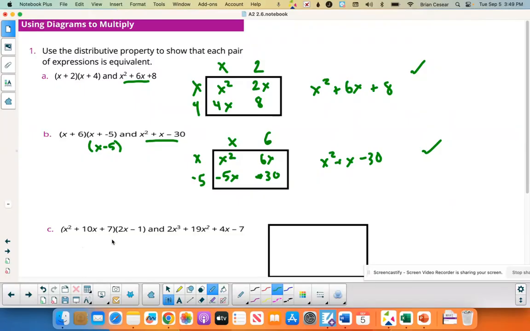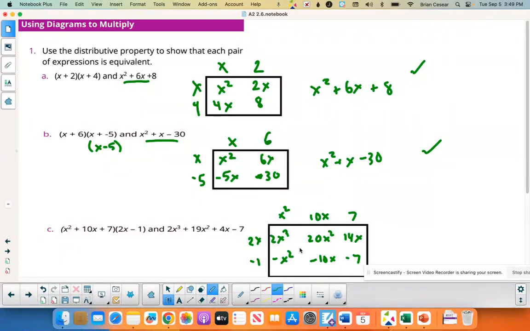Now this is a trinomial times a binomial. Doesn't change the process, just changes how much work we have. Multiply these. And then look for like terms.